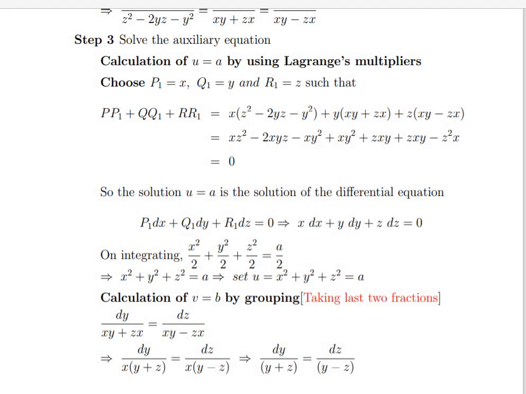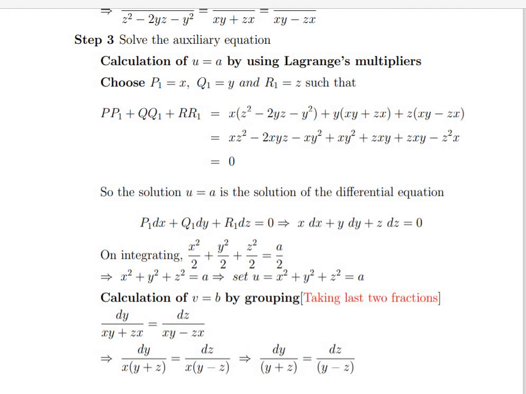So here we are taking the Lagrange's multipliers, p1 as x, q1 as y, and r1 as z, such that pp1 plus qq1 plus rr1 equal to x into z square minus 2yz minus y square plus y into xy plus zx plus z into xy minus zx.